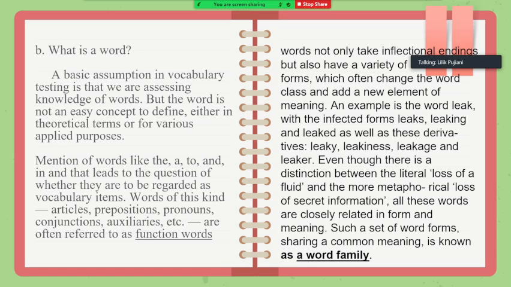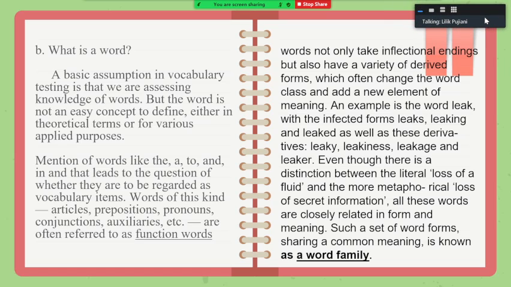Next, what is a word? In the nature of vocabulary, we also discuss what is a word. A basic assumption in vocabulary testing is that we are assessing knowledge of words. But the word is not an easy concept to define, either in theoretical terms or for various applied purposes.